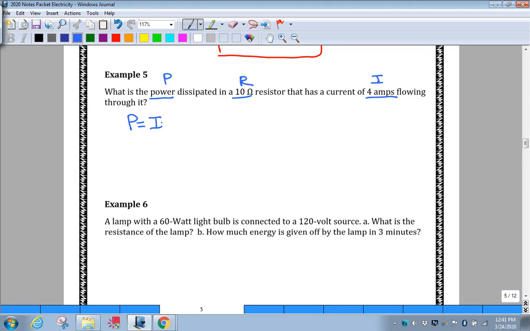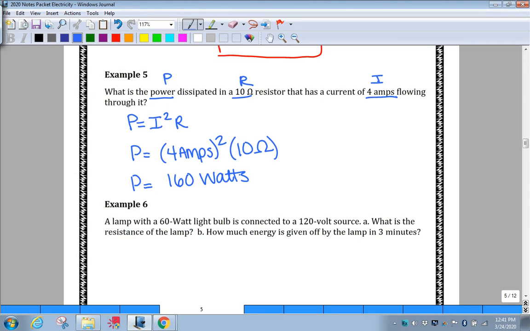And the one that'll work best is I squared R, because those are the things that we were given. So we're going to have 4 amps, and that has to be squared, times 10 ohms. Okay, so you multiply that in your calculator, you get 160 watts. Okay, because the unit for power is watts.